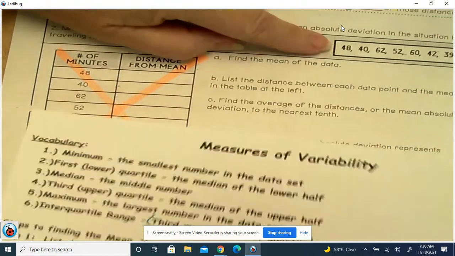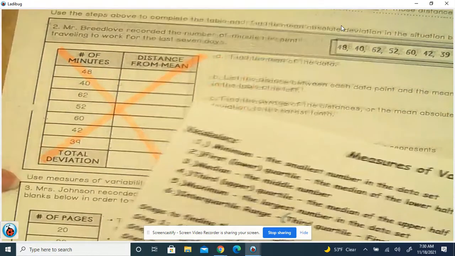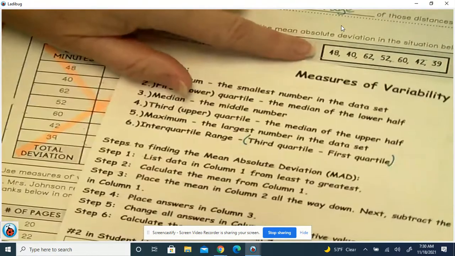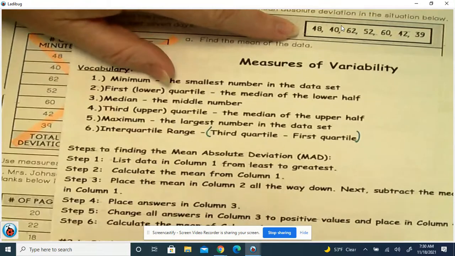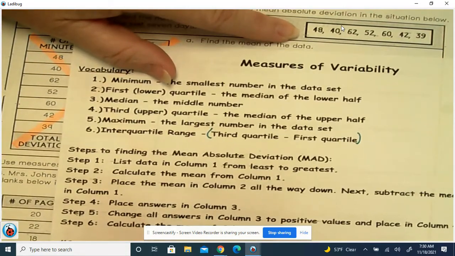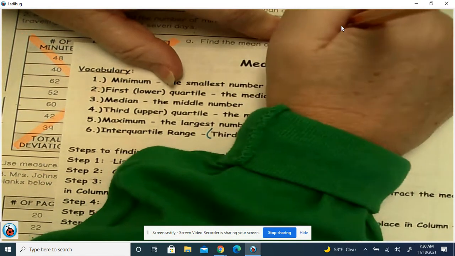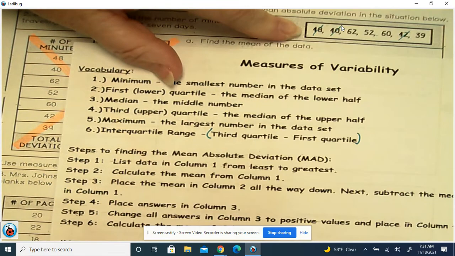So the first thing we do is we're going to list our data in the data table. I said to list the data in column 1 from least to greatest. So I'm going to list it and then I'll show you. So we've got 40, 42, 48.